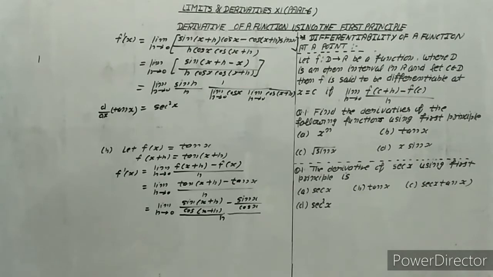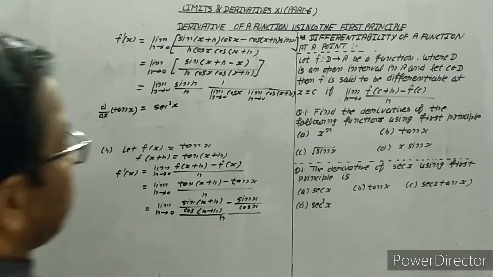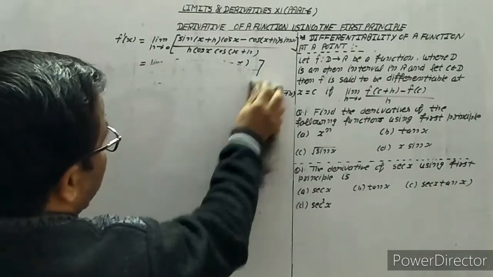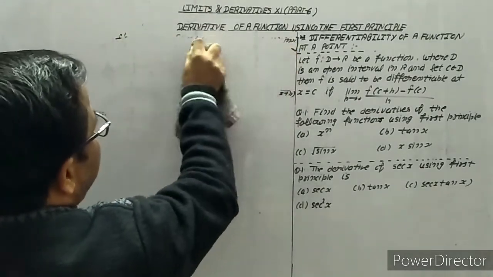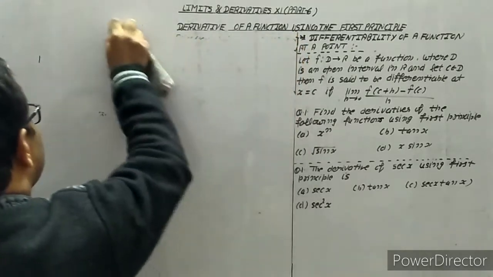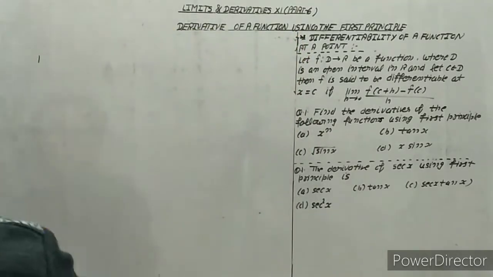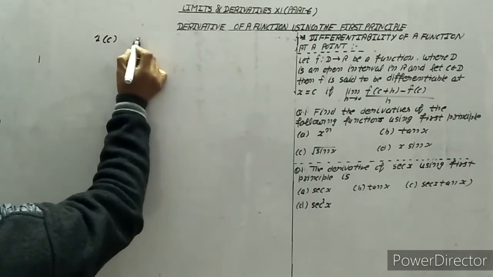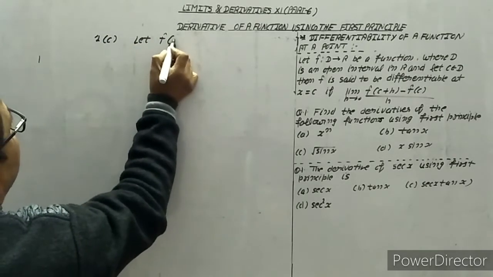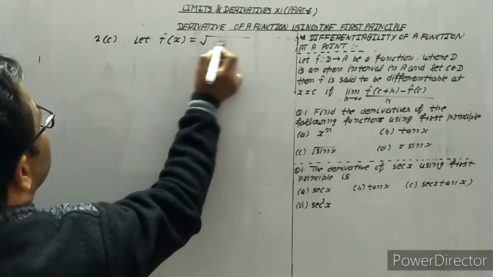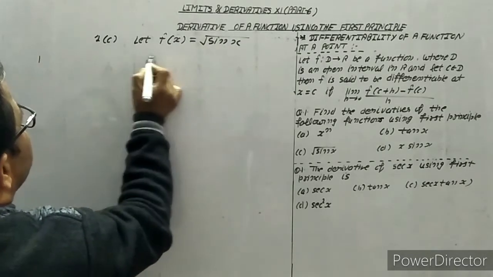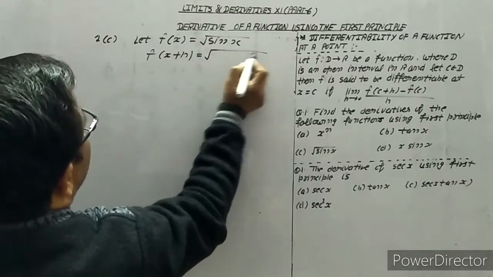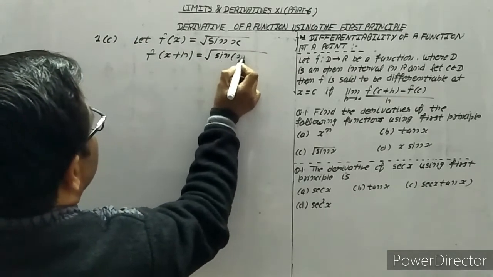In this part C we have to find the derivative of under root sin x. First of all, let f(x) is equal to root sin x. Then f(x+h) means root sin(x+h).